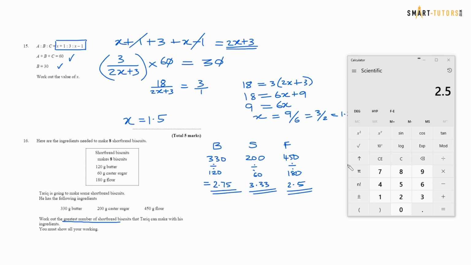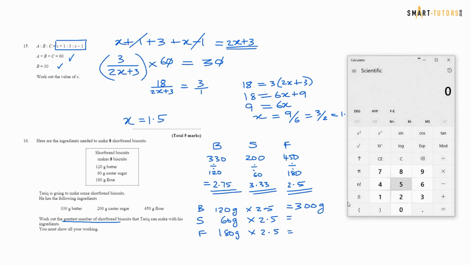What does that mean? Let's say 120 gram times 2.5, and 60 grams times 2.5, and 180 grams times 2.5. This is going to be butter, sugar and flour. So 120 times 2.5 is 300 grams.